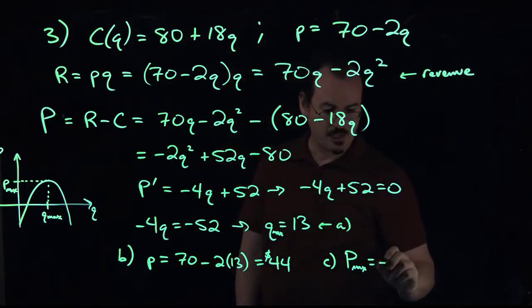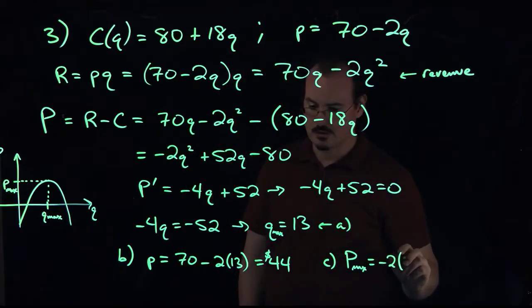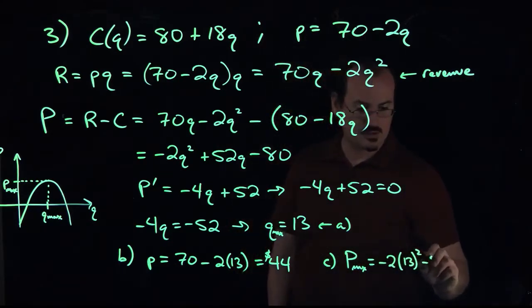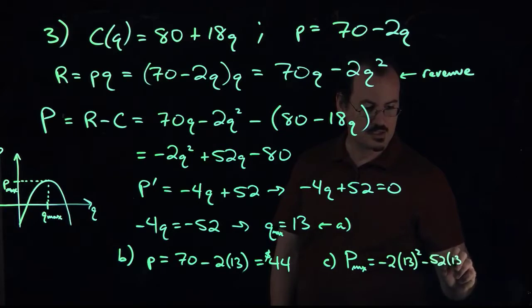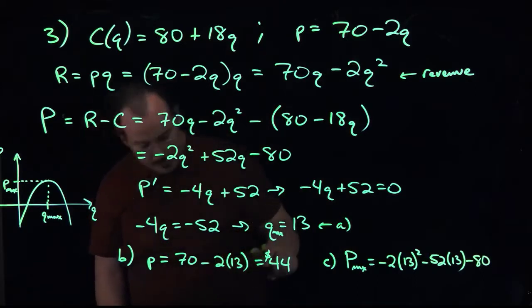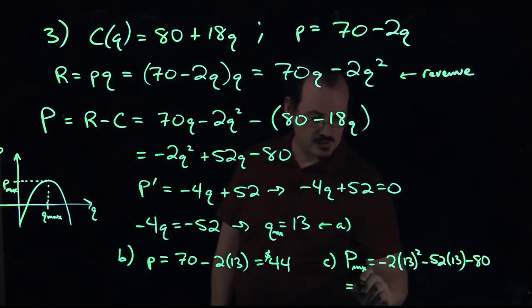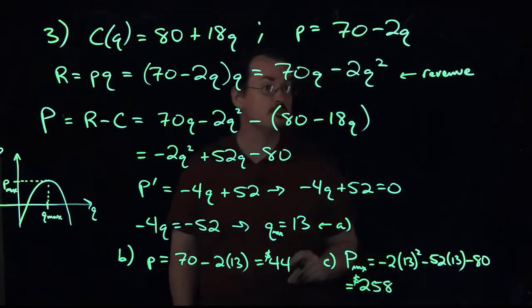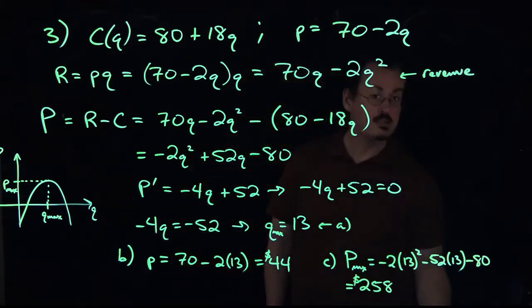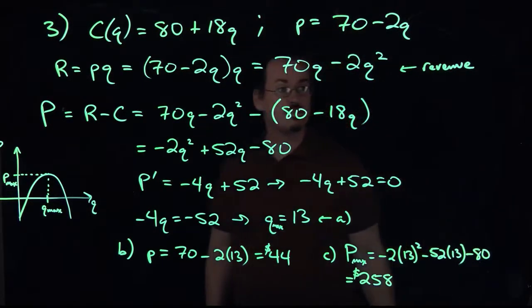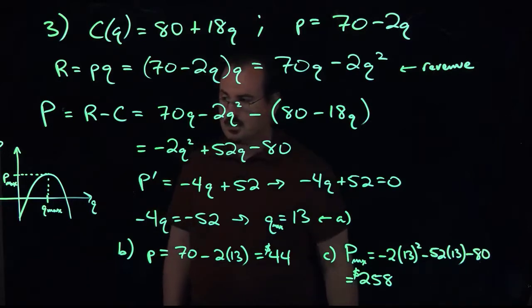So that's minus 2 times the 13 squared plus 52 times 13, and then minus 80. When you do all that, I did that in my calculator here, you should get $258. $258 is the maximum profit, and I hope we can see that. Let me just move this up a little, make sure you can see it. $258 is your maximum profit.